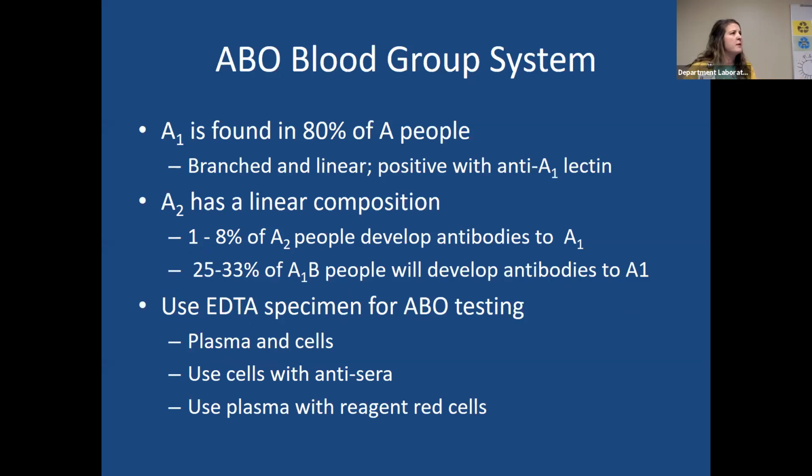All right, thinking about subgroups of A, about 80% of the population that is A is going to be A1, all right? Remember, when you think about the ability to build, think about an A2 patient can build anti-A1, think about your linear structure of the A1 molecule.